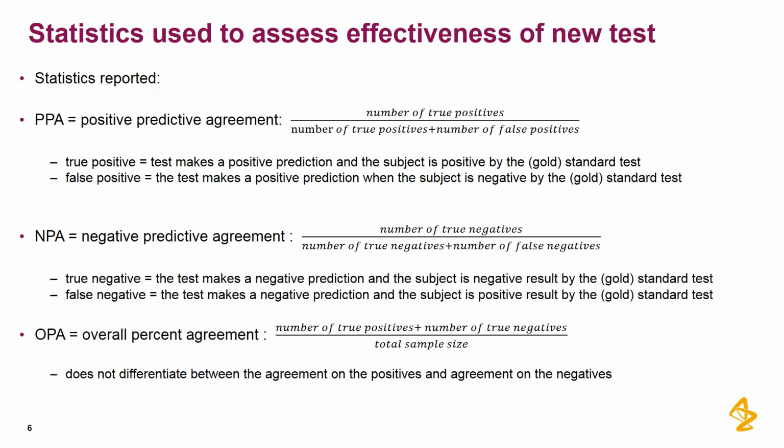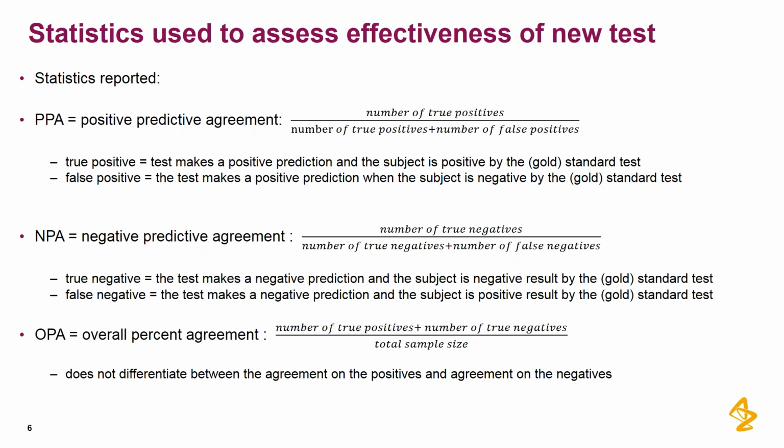Briefly touching on the statistics used to assess the effectiveness of the new tool, we looked at the positive percentage agreement, the negative percentage agreement, and the overall percentage agreement. Here we're defining the positive percentage agreement as the number of true positives, so essentially the number of patients that were identified as being T790M positive under the new diagnostic tool and were also positive under the gold standard test.